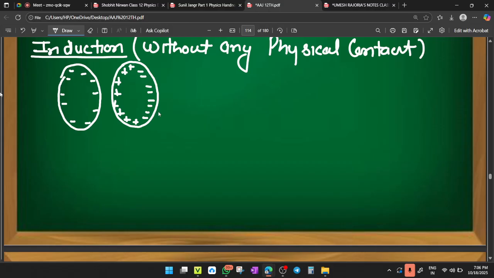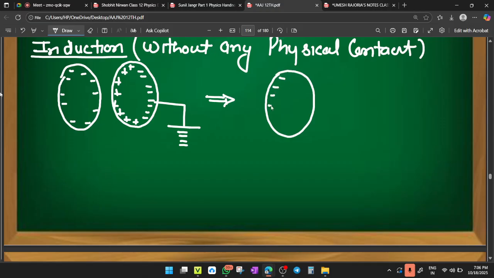Clear? Now if you ground these charges, the positive charges are held tightly by the attraction of the negative charges, but the negative charges are grounded. So after grounding, you have a situation like this.